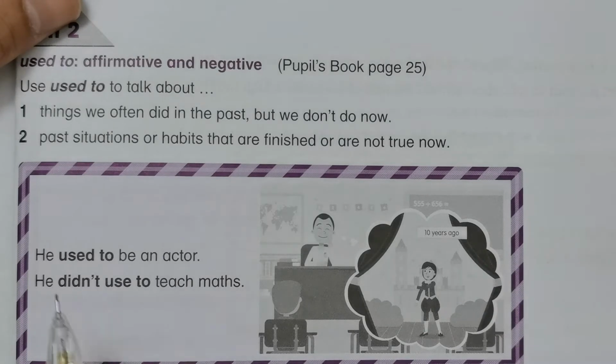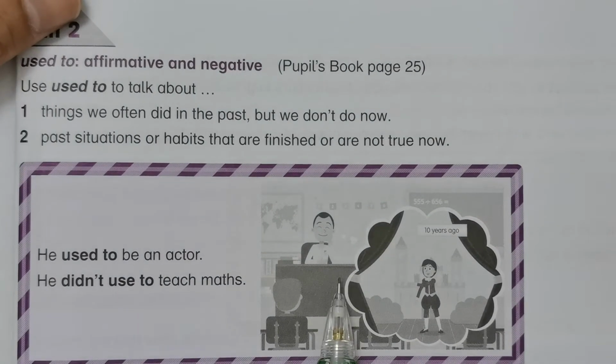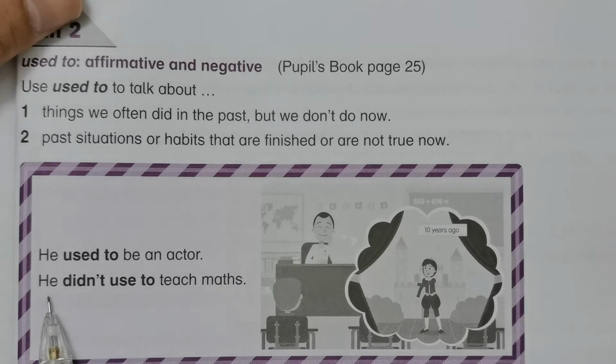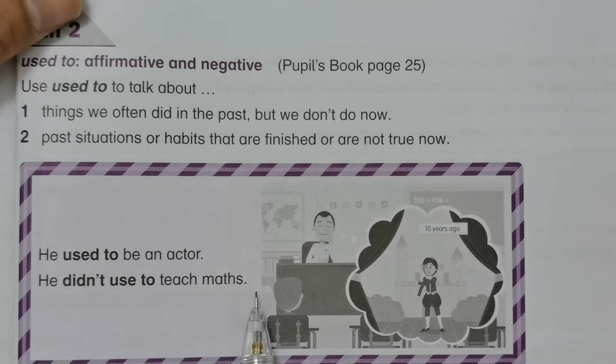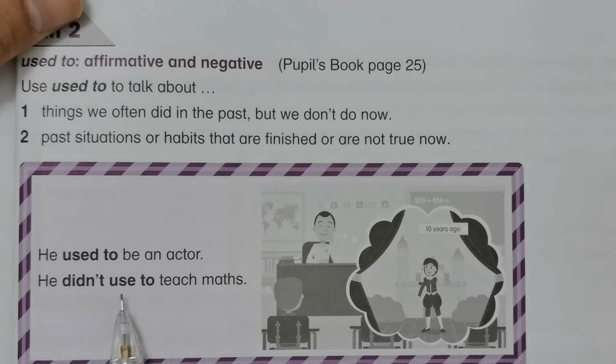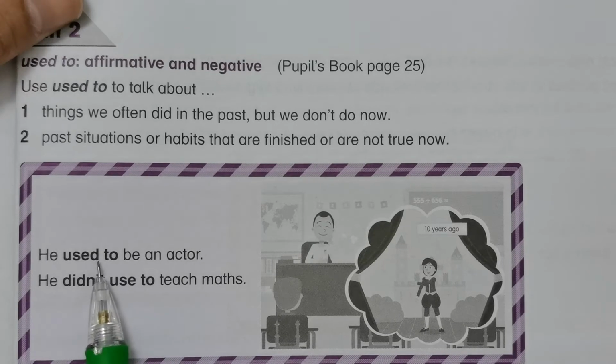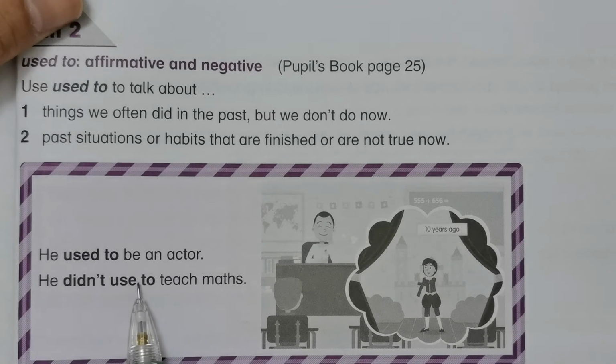It is the same. So he used to be an actor, and then he didn't use to teach maths or mathematics. If you notice carefully, we have a D here, and we don't have a D here.